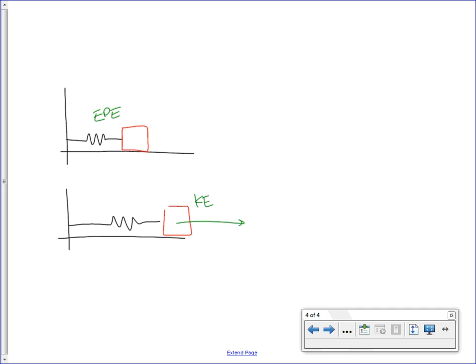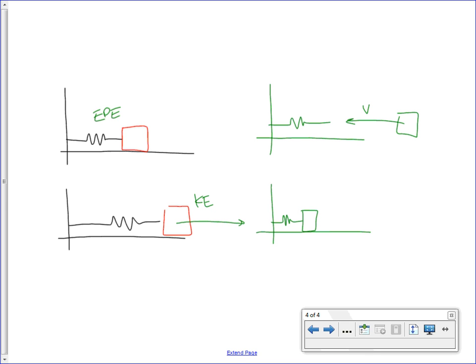You can do the opposite of that, where you have this spring just sitting there, and then here comes a mass, and what happens? Well, that ends up compressing the spring down to some maximum value, and you could find what that maximum value was. This would be all the KE turns into all EPE, right?